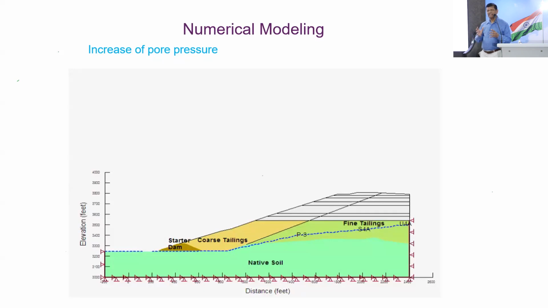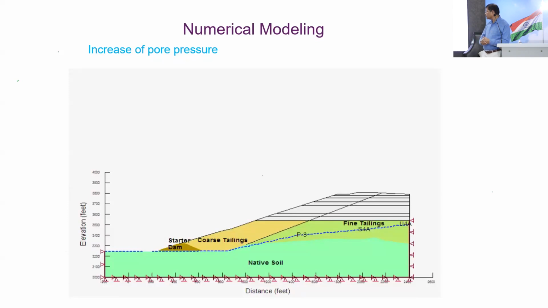Yes, under design, like in the initial design stage, we can still use the limit equilibrium method and come up with simple solutions. So for a starter dam design, we can do that. But under staged conditions, as we go on into operations, you need a numerical model.